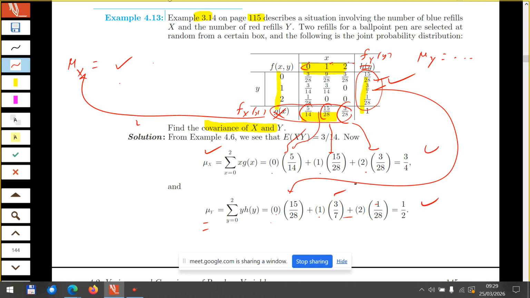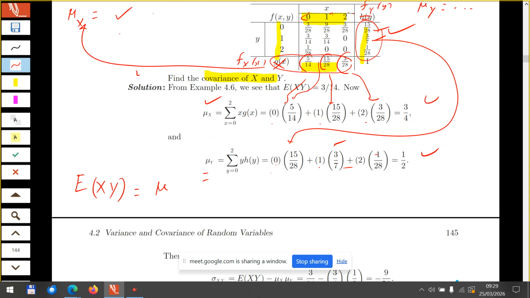So you are done with mu, and the next thing you need is the expectation of x times y. You can also write this as mu. What should I write in the subscript? XY, you can do that as well. But this should be enough to convince you that writing XY is not a good idea in the subscript. You should write x comma y. Can you guess why I need that comma?